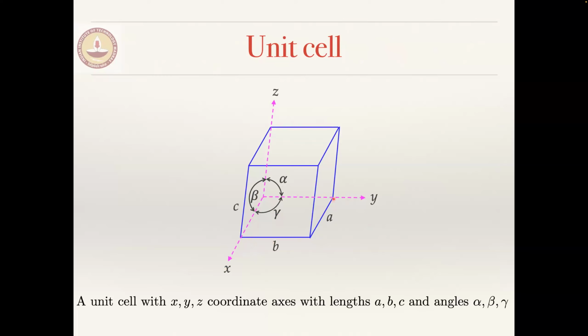The unit cell edge length along the x-axis is usually described by the letter A, along the y-axis by B, and along the z-axis by C. The angles between x and y, y and z, z and x are represented by gamma, alpha, beta, or alpha, beta, gamma respectively. So these are the angles between the respective faces.